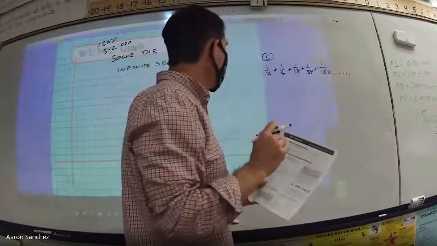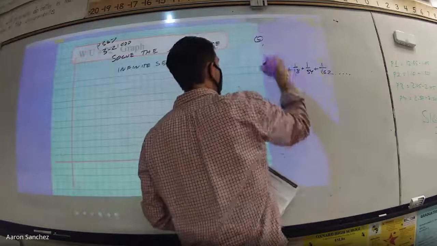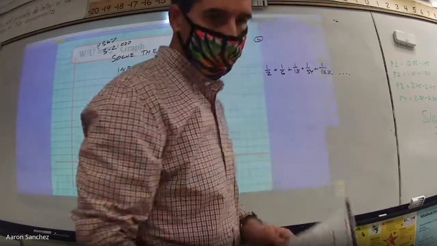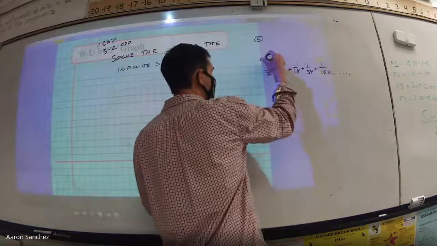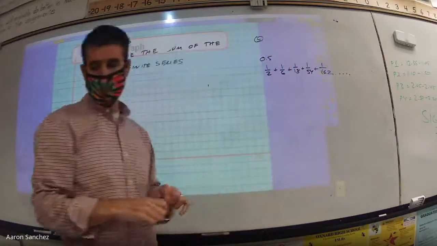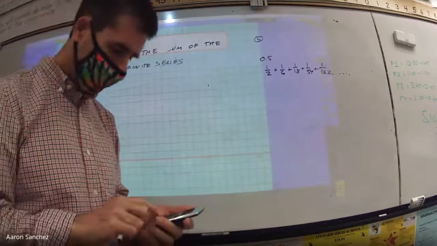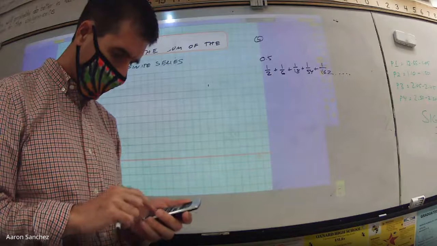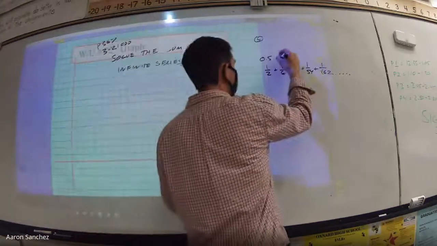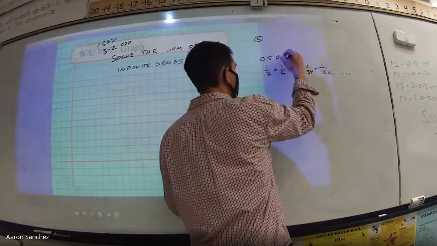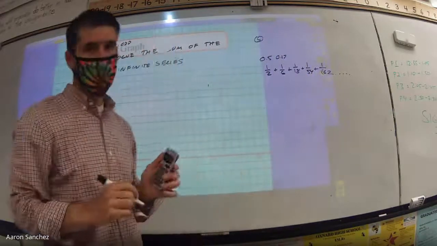So the way to make this easier is let's make these into decimals. 1/2 is 0.5. 1/6, let's round it, is 0.17.